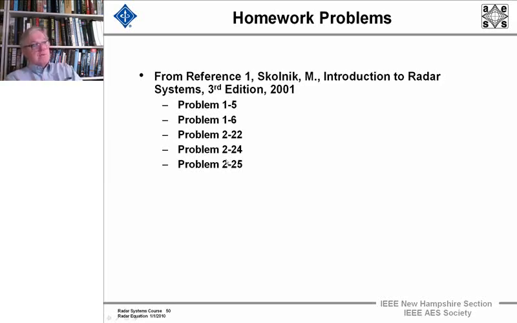There's a lot more chapters than just Chapter 1 or 2, but these problems are taken from Chapters 1 and 2. We'll be covering pretty much all the material in Chapters 1 and 2, and most of it we've covered in this lecture. But some of the work on radar cross-section is more detailed in these chapters. We're going to have a separate lecture on that material.